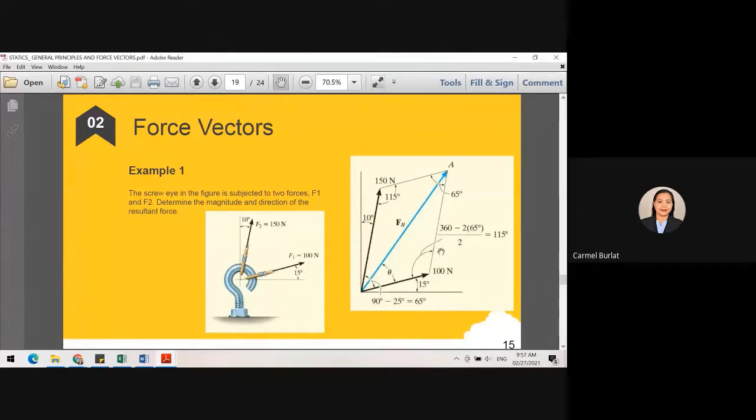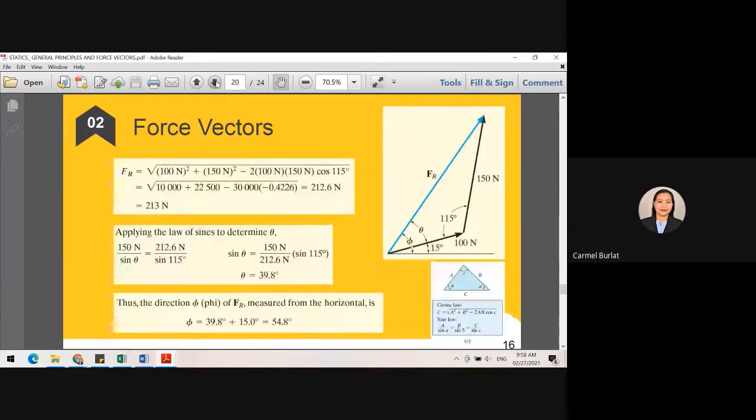So therefore, this is 115 since it is a parallelogram. This is 115 and this is unknown. This is theta. So FR, nakabuhat na ba tang triangle? This is your triangle.